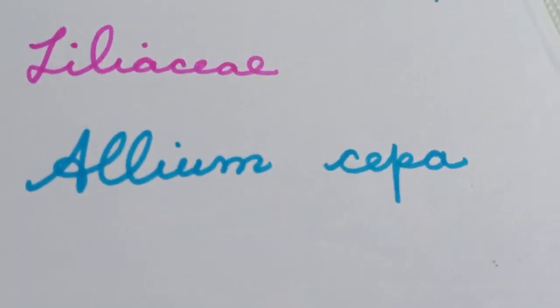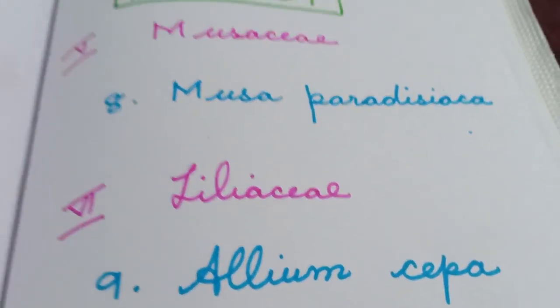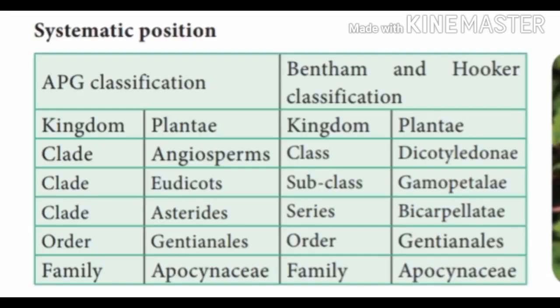To begin with, let me go with Apocynaceae. Let's start our family study with the systematic position of Apocynaceae. Let's move with the Bentham and Hooker system of classification.